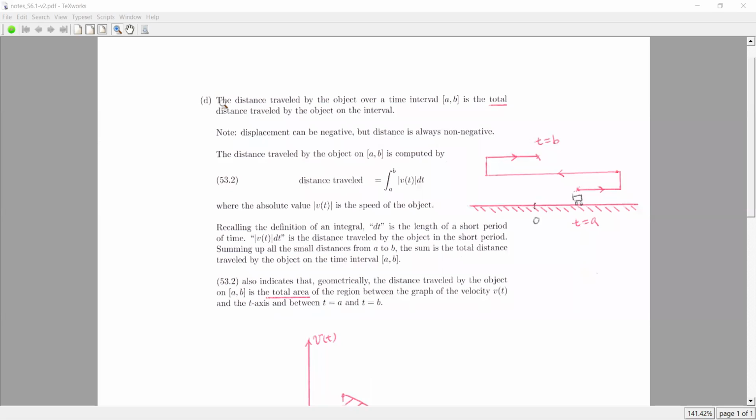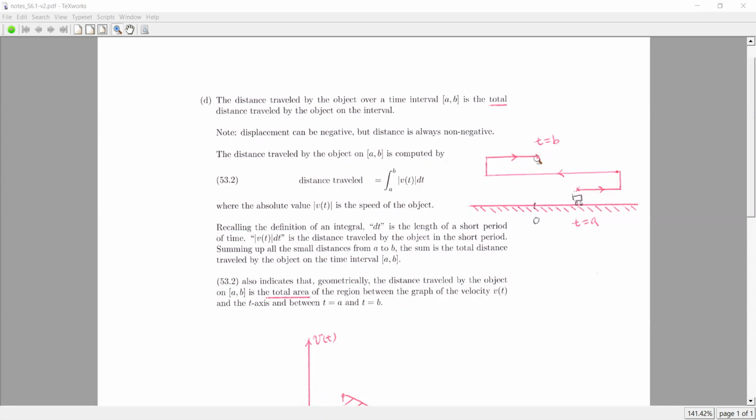D. The distance traveled by the object over a time interval from A to B is the total distance traveled by the object on the interval. For example, over this time interval, a car moves first in the positive direction, then in the negative direction, then in the positive direction again.